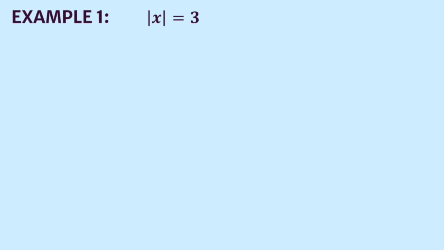First, we have to rewrite it. So the absolute value of x is equal to 3. Now we all know, we can assume already that the value of x to satisfy this equation is 3, right?